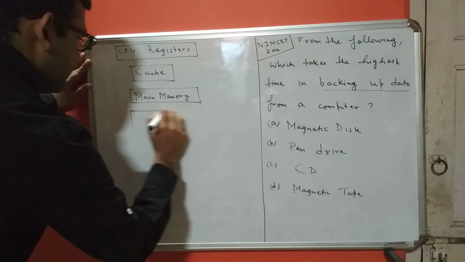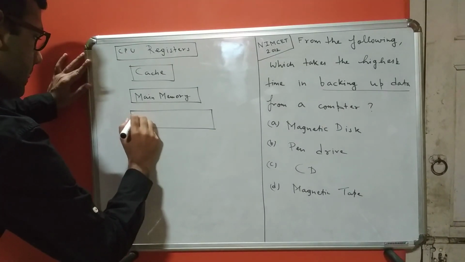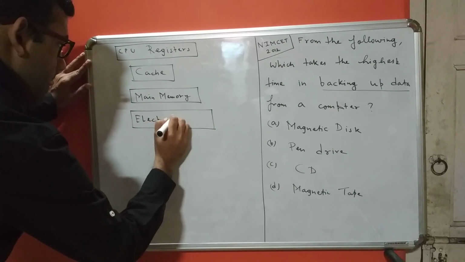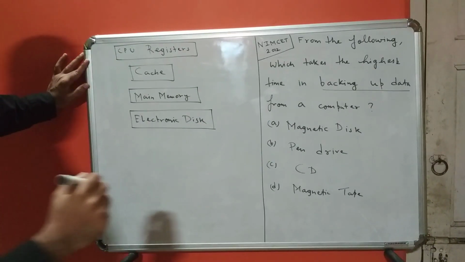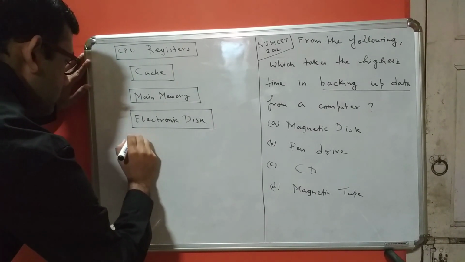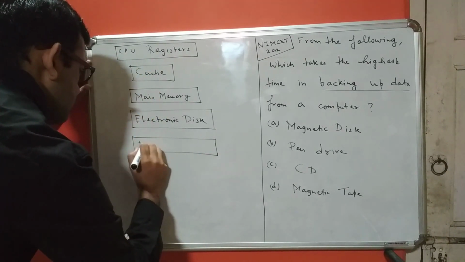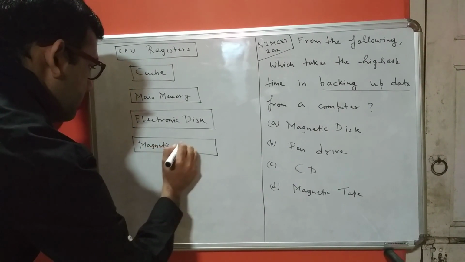After this we have electronic disk. Below electronic disk we have magnetic disk.